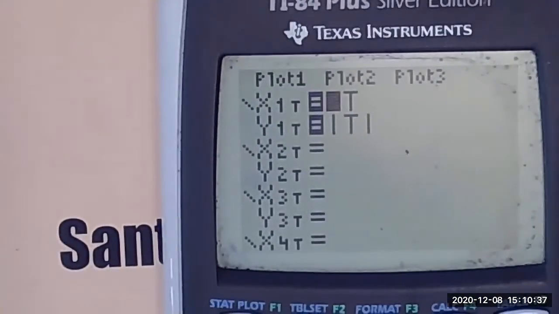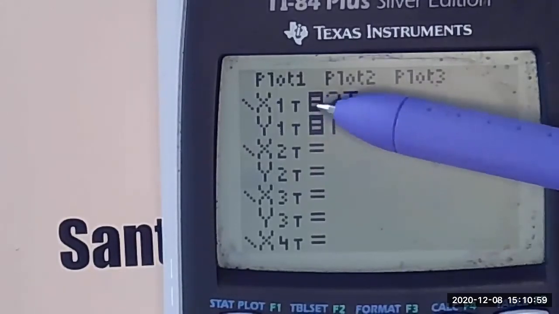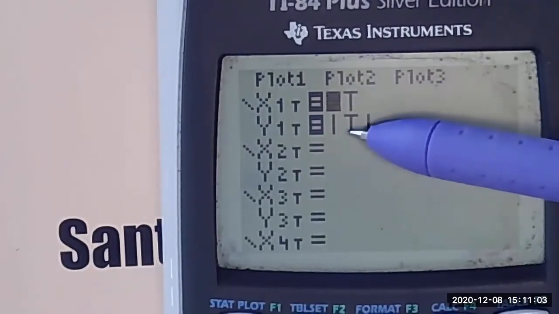And what this is going to do, it's going to plot infinitely many points. Well, actually, it could be finite. It's going to plot a number of points that you tell the calculator to and connect the dots along the way. So what did I say? If I let t be anything, like how about t be 0, then the x coordinate and the y coordinate of the ordered pair would be 0, 0.